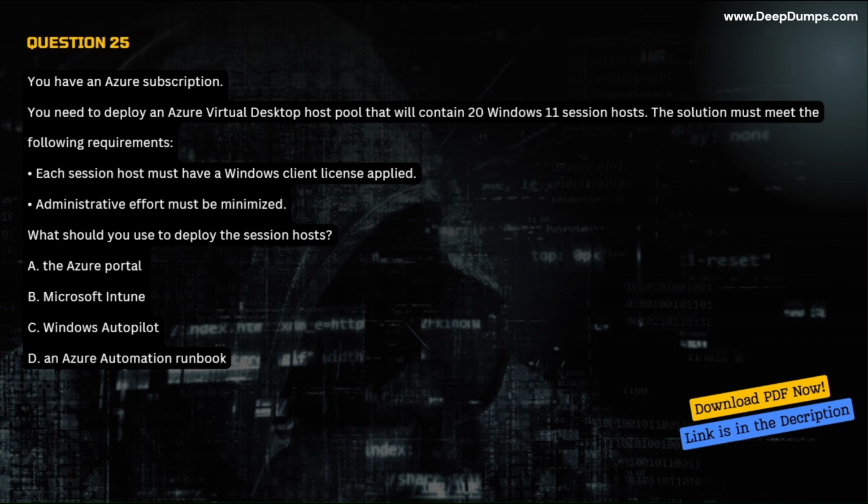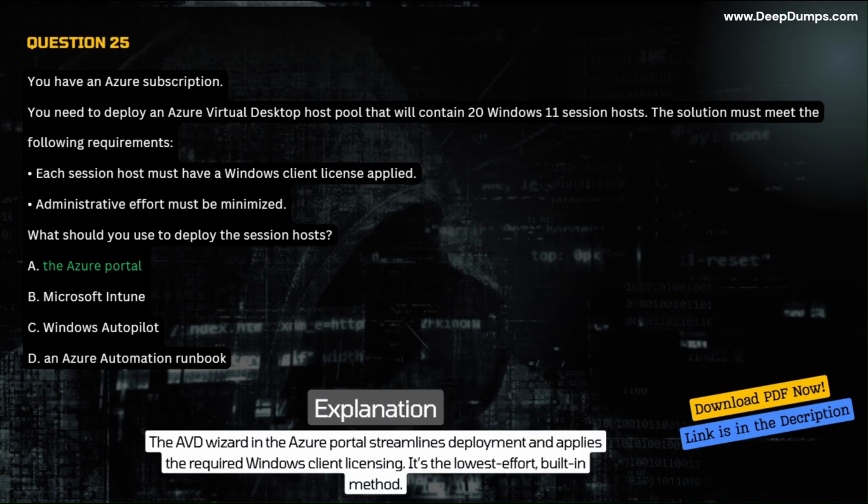A. The Azure portal. B. Microsoft Intune. C. Windows Autopilot. D. An Azure Automation runbook. Correct answer A. The Azure portal. Explanation. The AVD wizard in the Azure portal streamlines deployment and applies the required Windows client licensing. It's the lowest effort built-in method.